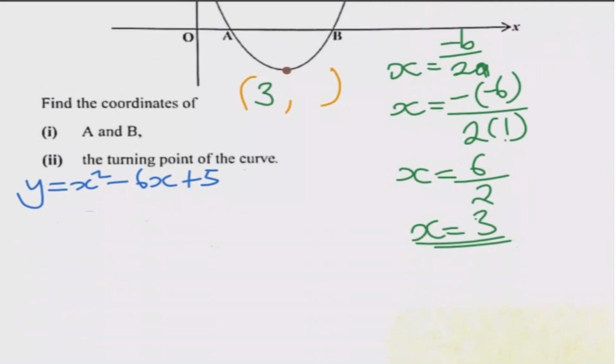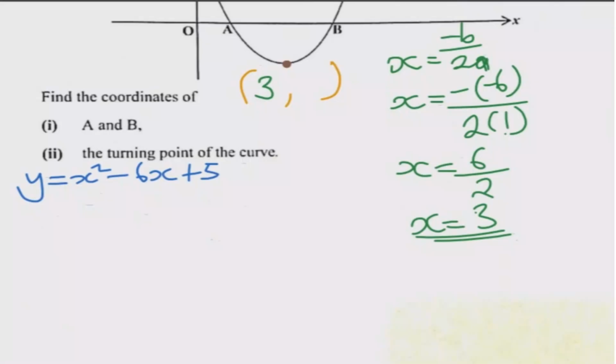Wherever there is x, we're going to put the value of x that we got. So I'm going to write y is equal to 3 squared minus 6, then where there is x, again I put 3, then plus 5.